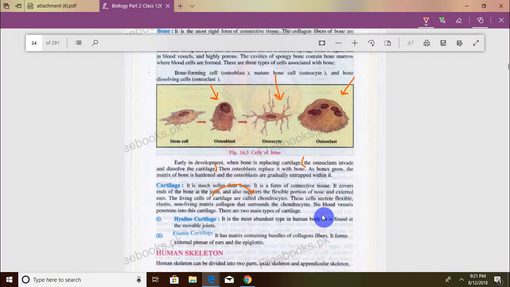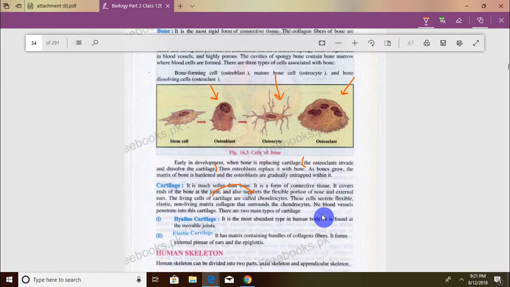Anyways, then we have elastic cartilage, and it has a matrix containing bundles of collagen fibers, and it forms the external pinna of the ears. And we know the epiglottis is basically just a cartilage, but you probably don't know what kind of cartilage, but no worries, we know now.